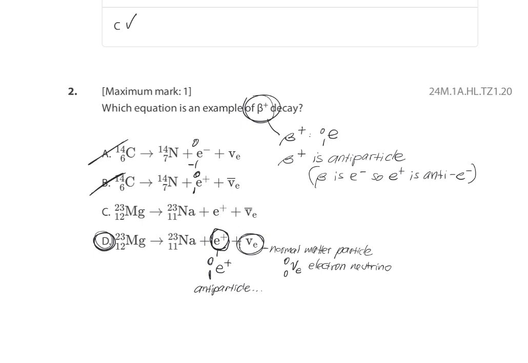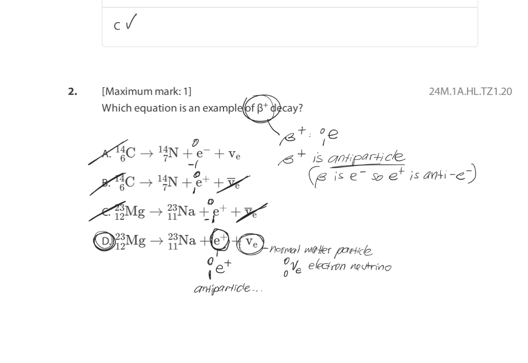Also, we would not have an antineutrino here. We would have a regular neutrino because the beta plus particle is itself an antiparticle. Then we have magnesium becoming sodium, and while the number balance does in fact work out, the beta particle is itself an antiparticle, so we would not have an antineutrino here, so that's not good, and we're left with D. Magnesium 23 becoming sodium 23 plus a beta plus particle, so that works based on the numbers: 12 yields 11 plus 1, and a normal matter particle, a normal electron neutrino.